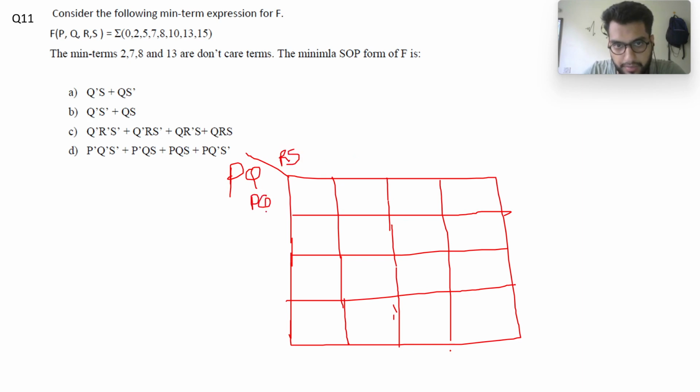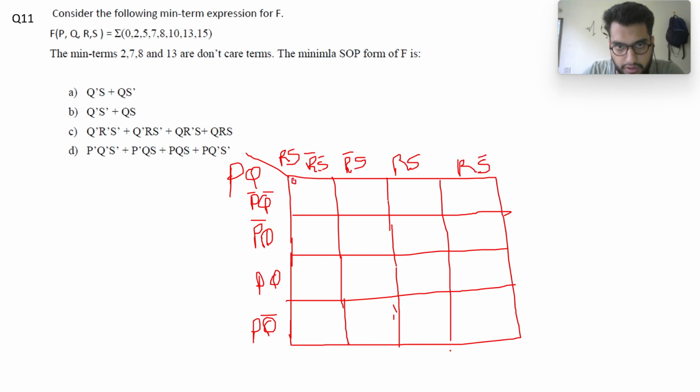I write P bar Q bar, P bar Q, PQ, and PQ bar. This is R bar S bar, this is R bar S, this is RS, and finally RS bar.